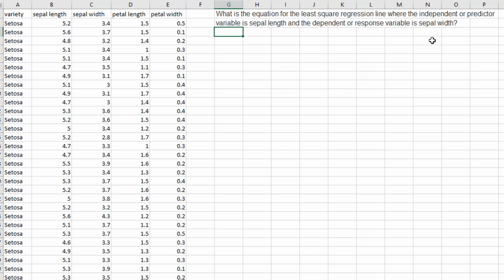And what we want to do is create a linear regression model where the dependent variable is going to be the sepal width, and the independent or predictor variable is the sepal length. So we're trying to explain the sepal width through the value of sepal length.